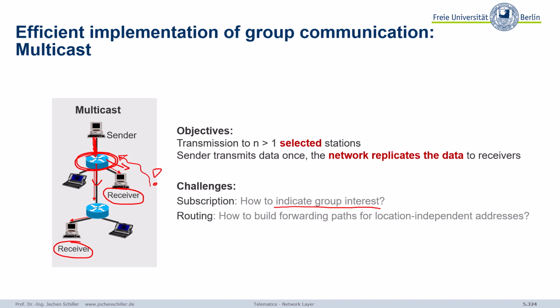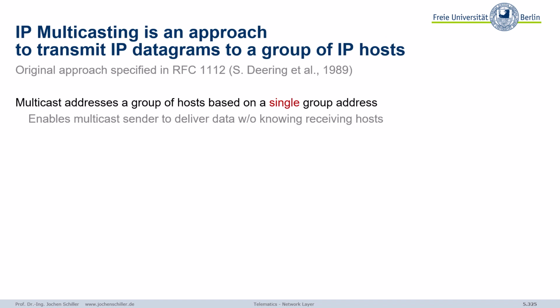And then also the question is, how do I create now my forwarding paths for this multicast group? Because now this is different. We just learned BGP and OSPF, etc. We take the network prefix and then we learn where it is. We learn a certain path. That doesn't work here. And this is why we have IP multicasting.